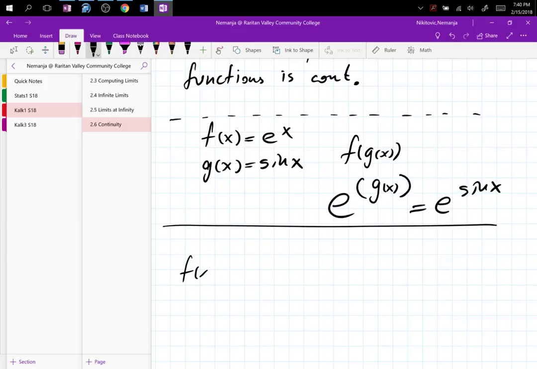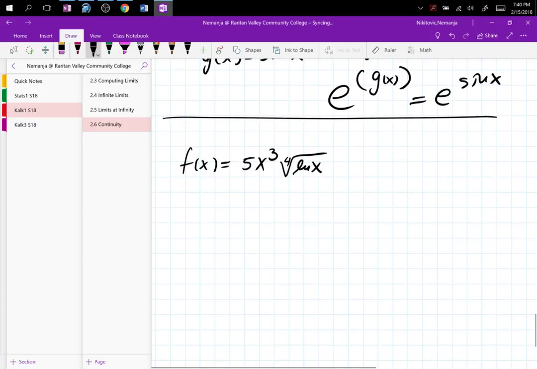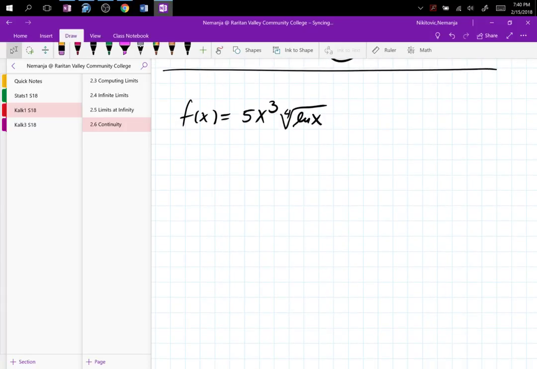So let's say the f of x is given as 5x cubed times the 4th root of ln x. Try this for a little bit.